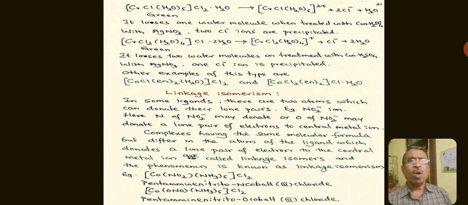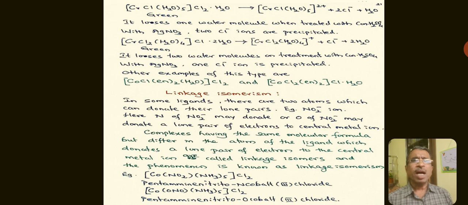So this complex gives the white precipitate with AgNO3 corresponding to 1 chloride ion, and the concentrated sulfuric acid absorbs the water corresponding to 2 water molecules. This shows that concentrated sulfuric acid can take only the water molecules which are present outside the coordination sphere.